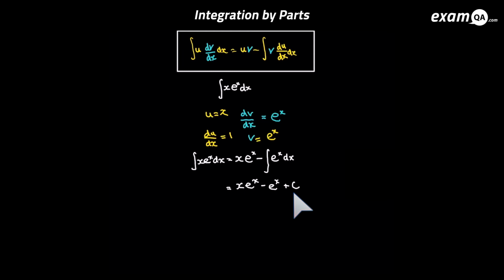So remember the key thing is let one of them be u and let one of them be dv dx. Then you differentiate the u and you integrate the dv dx, and you'll have the remaining parts of the formula. And you just go ahead and fill it in. The key sign that you've got a by parts question is there's usually 2 functions multiplying each other.